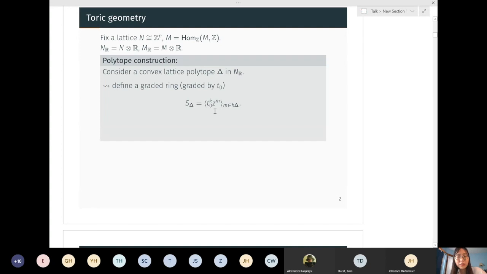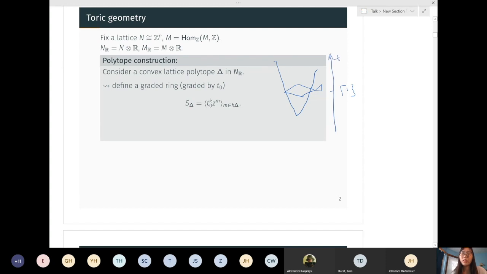The usual picture is that we have this polytope Delta, and we move up one dimension, thinking of it at level 1, and then define a cone.